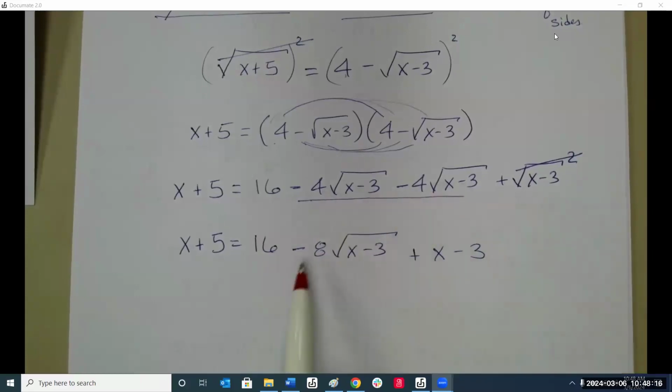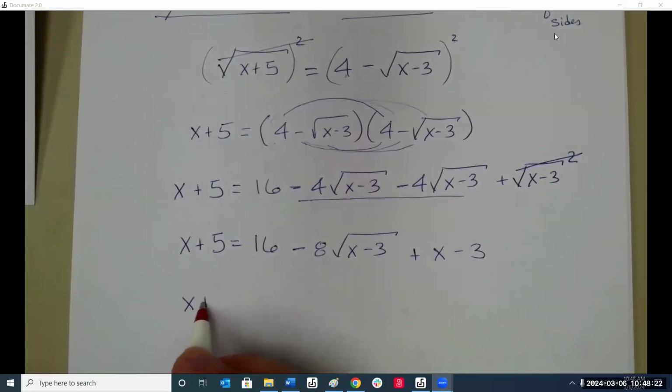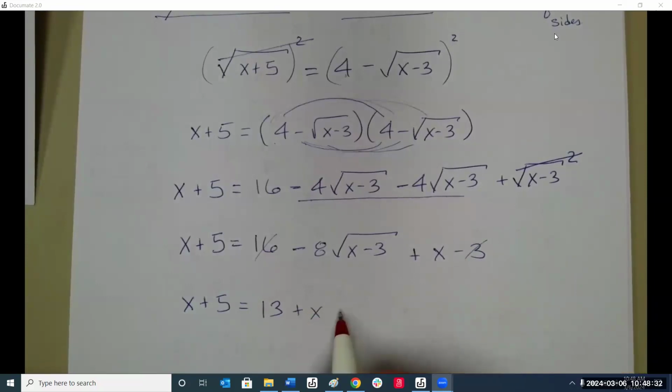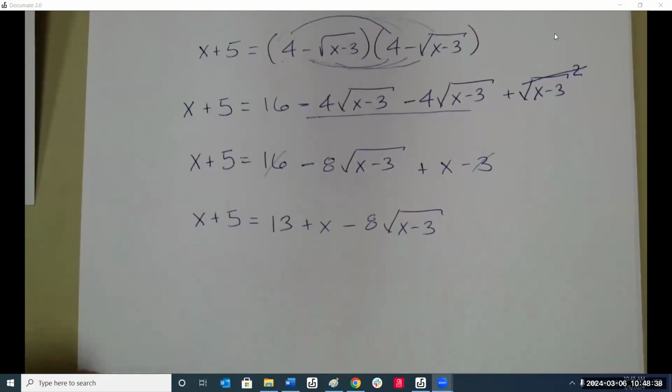So we got rid of all this stuff; combine like terms on the right-hand side first. So we have 16 minus 3 is 13, plus x, minus 8 radical x minus 3. So far, so good.